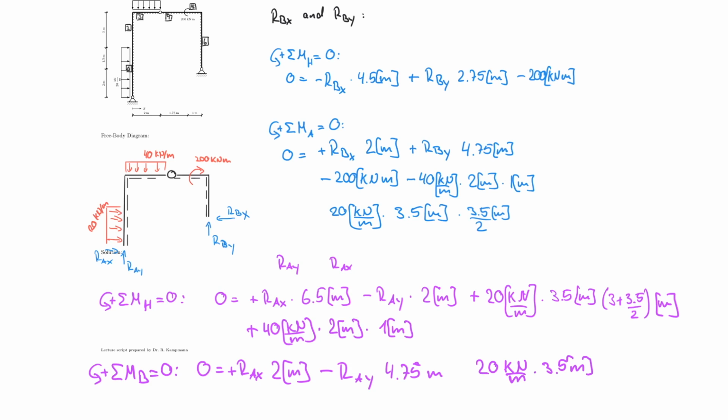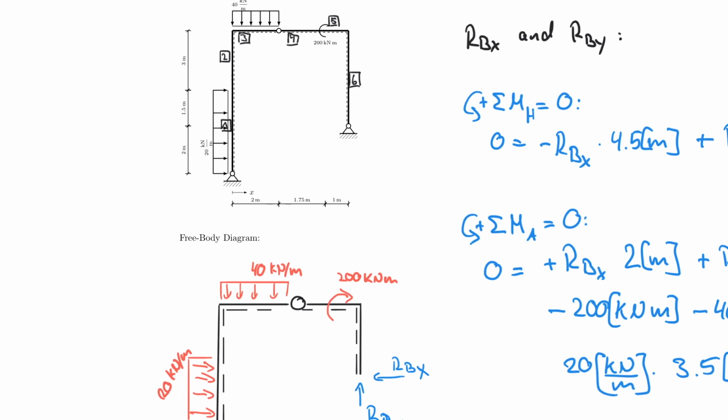And now it's a little bit tricky. That can be really tricky because the centroid of this force is right in the middle, 3.5, right, to this point. But there's only a distance of 2. So let me actually draw that into the system.